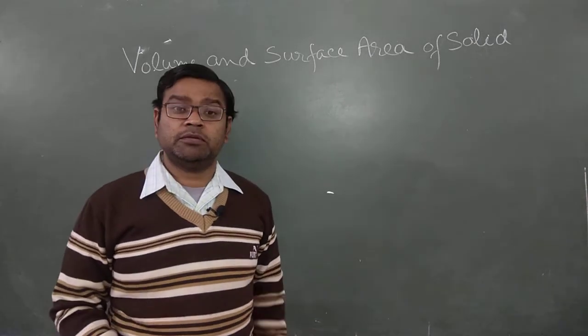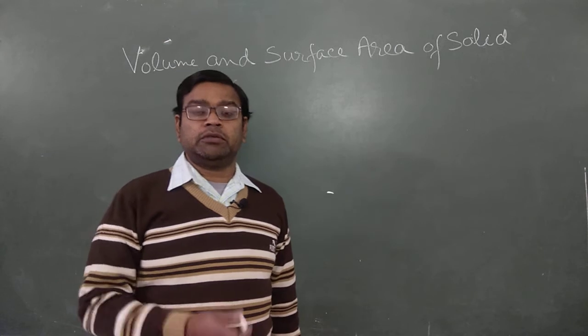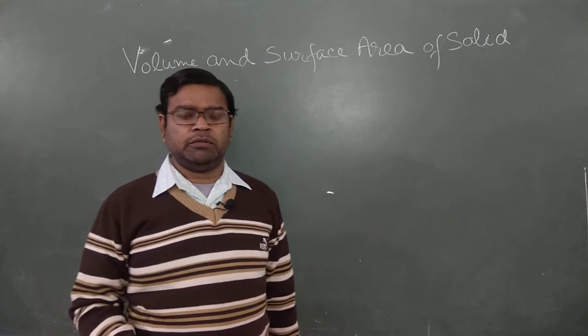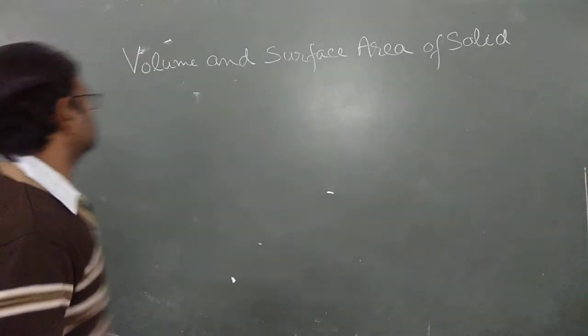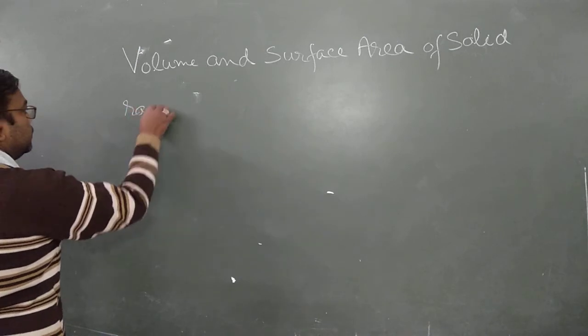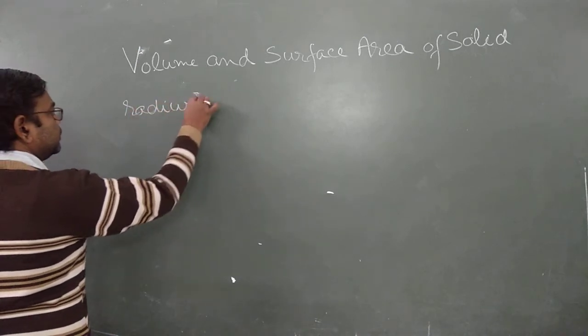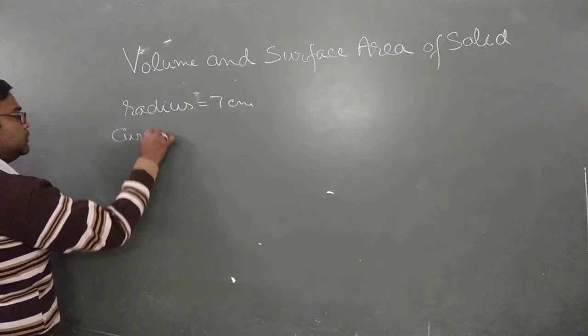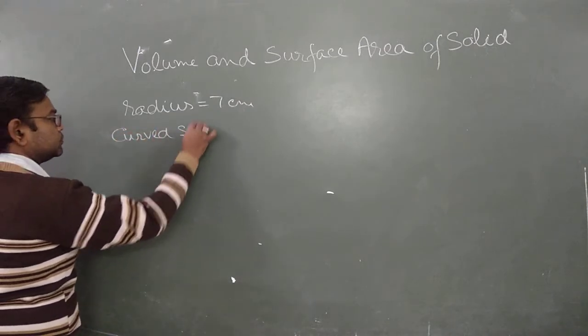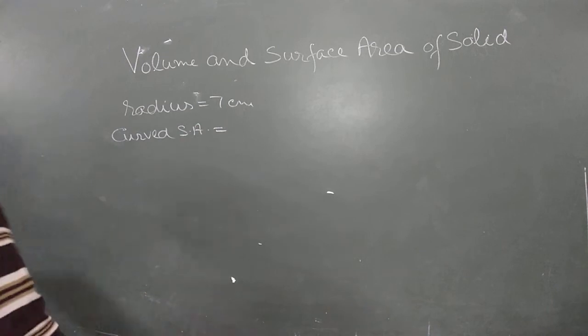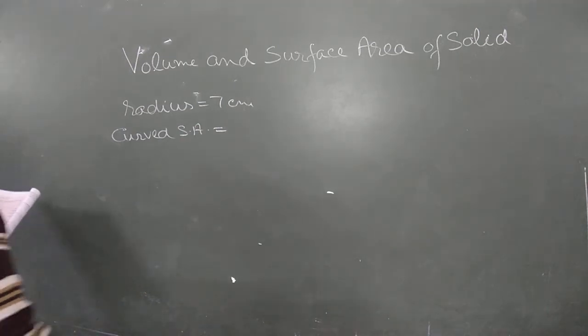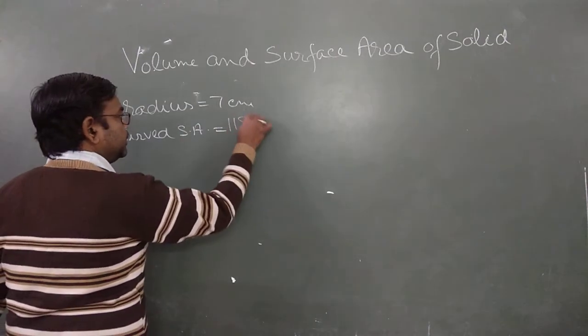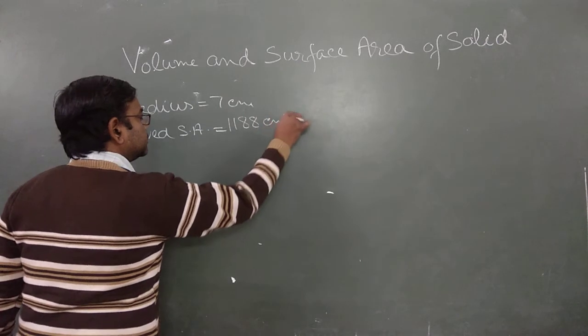In some questions, curved surface area is given to you and you have to find out the height. Likewise, radius is given to you. So in this case, radius is 7 cm. Curved surface area equals 1188 centimeter square.